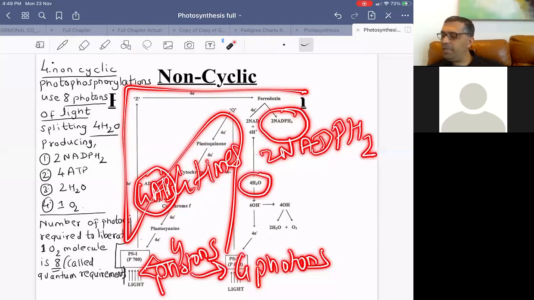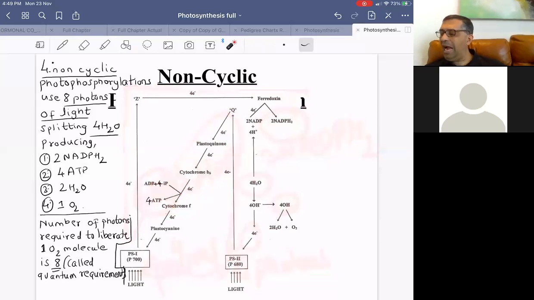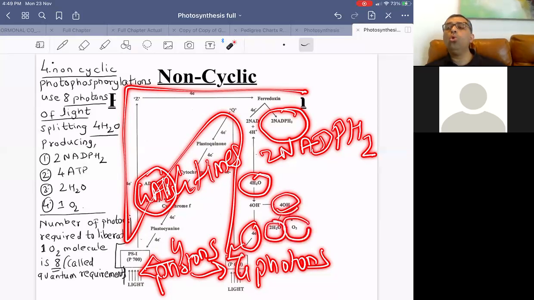And how many photolysis of water took place? 4. From that, 4 electrons brought PS2 back to ground state. 4 hydroxyl remain. 4OH form 2H2O and O2. Oxygen is formed, which is liberated as free molecular gas.